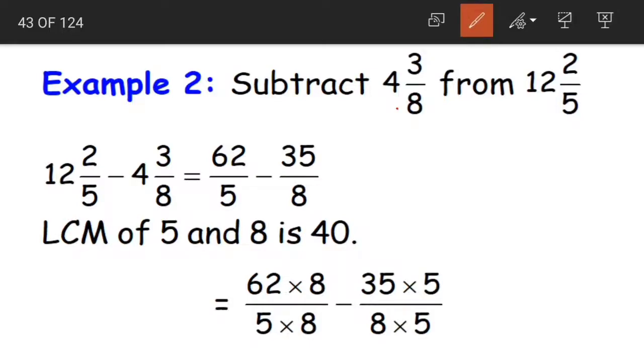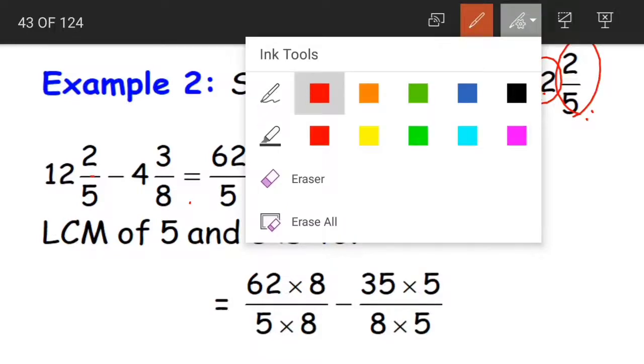Now here again these two mixed fractions can be solved as in the previous example, first converting them into improper fractions and then subtracting. But if you remember from the addition of mixed fractions, children, in one method we added the whole numbers separately and the fractions separately, and then finally combined their answers.